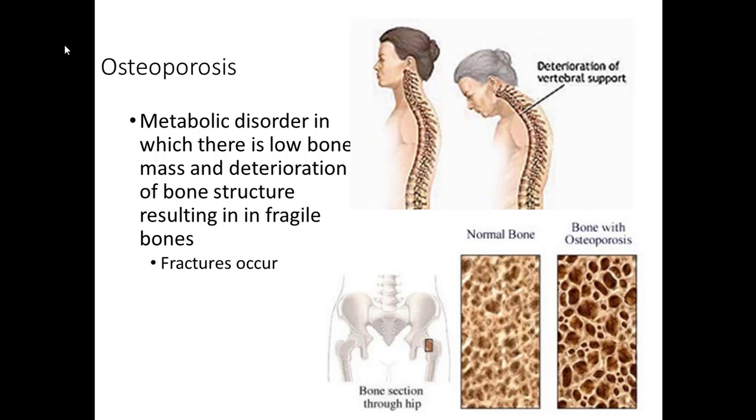Thin only because larger women or obese women can actually store estrogen in their fat tissues, and that helps with the osteoporosis. Because once their estrogen levels decrease after menopause, that's what causes the changes in the bones. I think we kind of talked about that earlier.